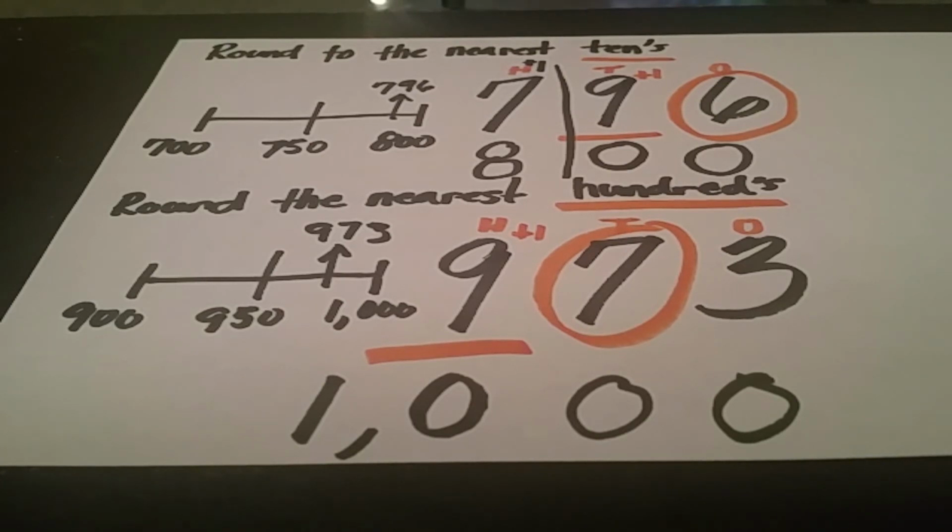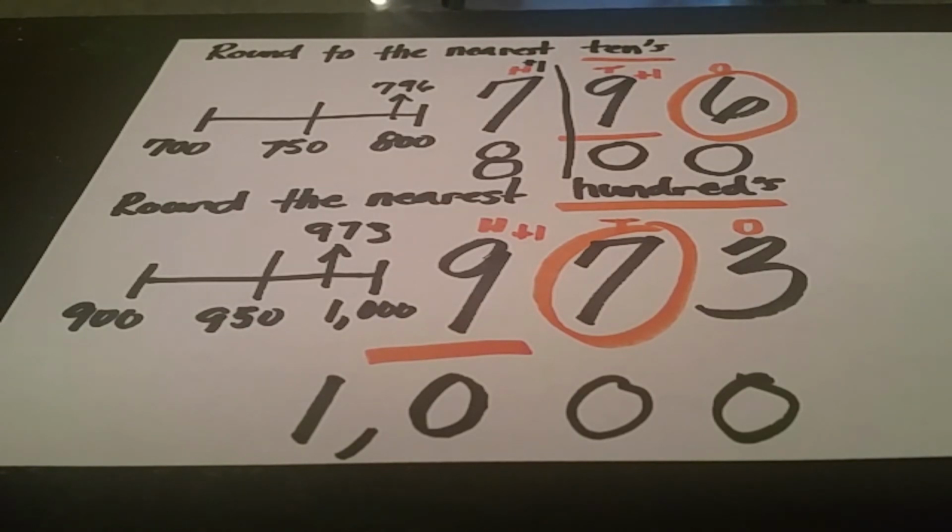So those are just a few rounding tips to help you remember. Always remember, number 1, identify the place value in the question. Number 2, identify the place value in the number. Once you've identified the place value in the number, you circle the neighbor. That is the number that is behind it. Then once you do that, you're ready to use your rounding rules.